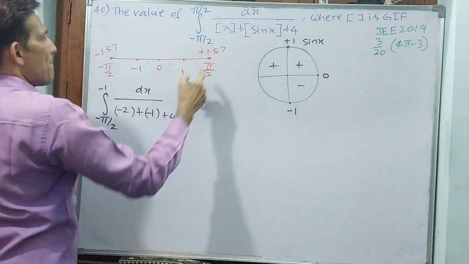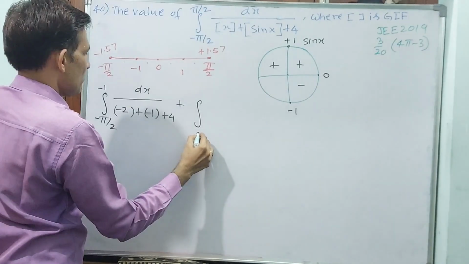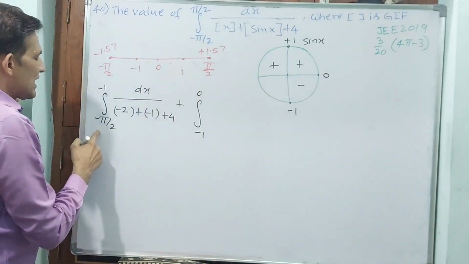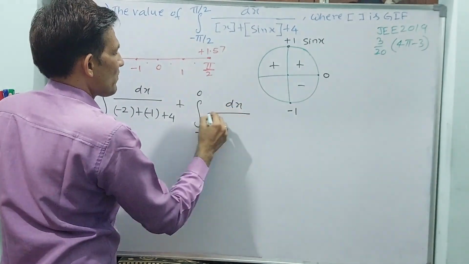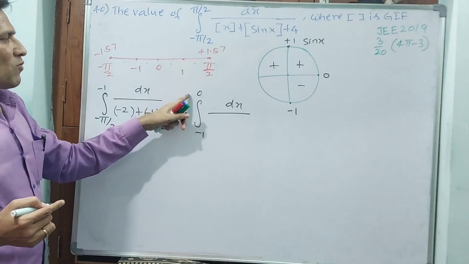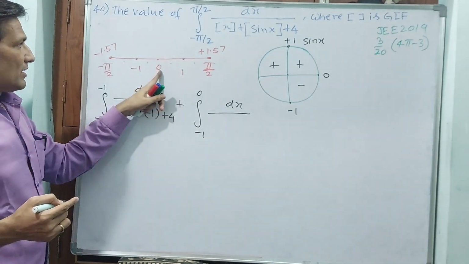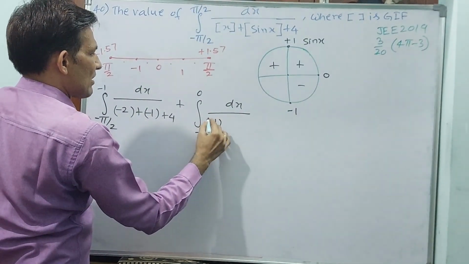Okay? Plus, now the interval minus 1 to 0. Integral from minus pi by 2 to minus 1, minus 1 to 0, dx by, again, see, minus 1 to 1 we are giving. Greatest integer function is going to come minus 1 only. That means here minus 1 will come.